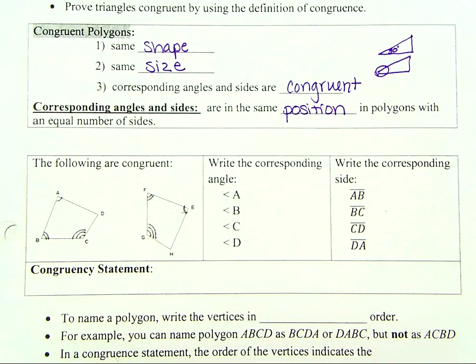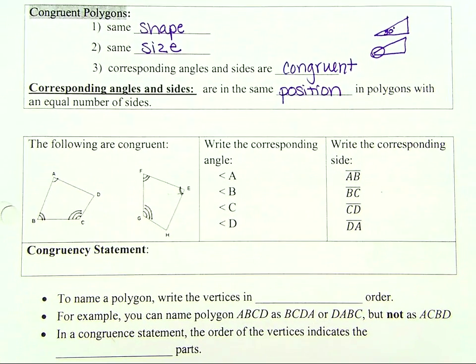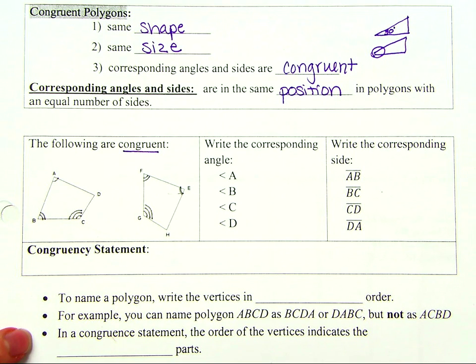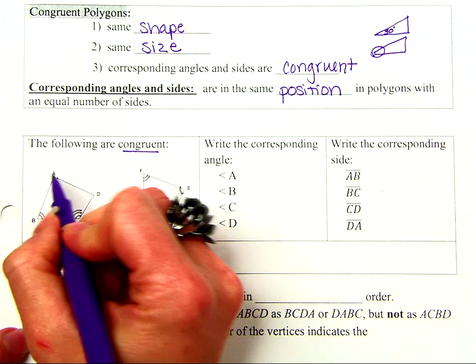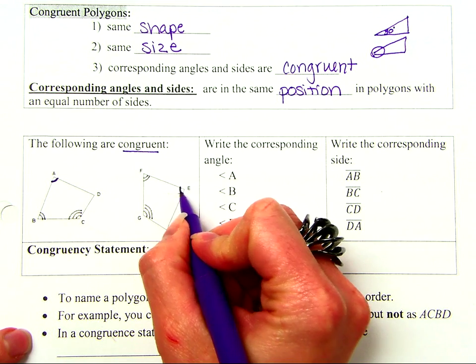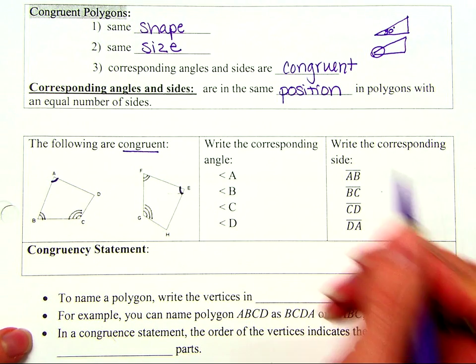Taking a look down below, I am showing you two quadrilaterals that are congruent. I'm telling you that they are congruent, and we're going to look at their corresponding parts. When I ask which angle would correspond to angle A, I can see that because angle A has one arc and angle E has one arc, they correspond.